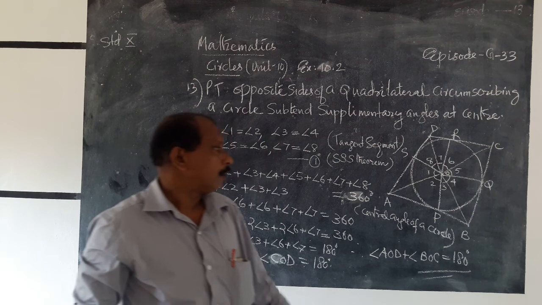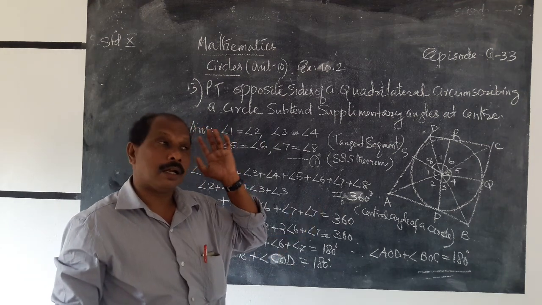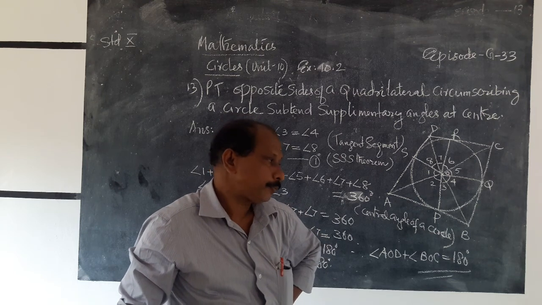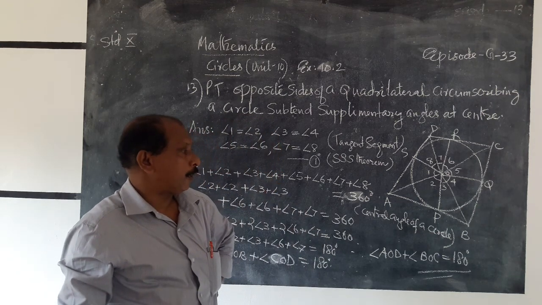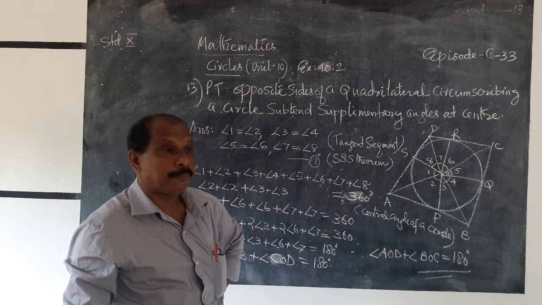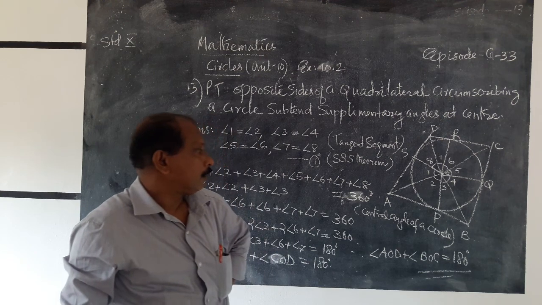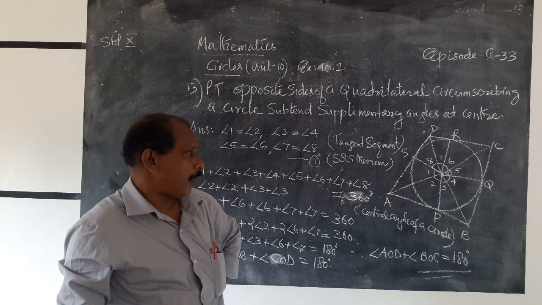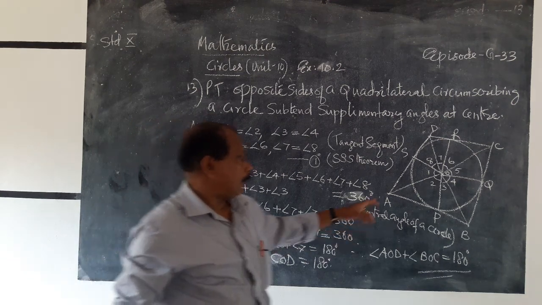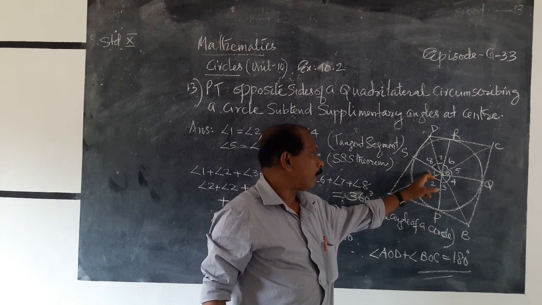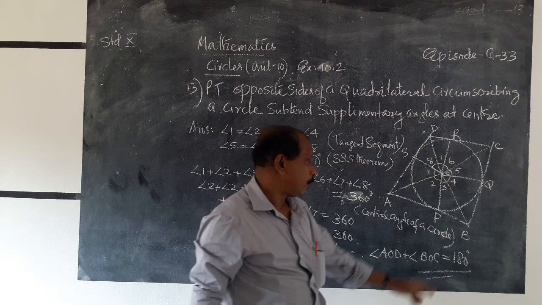ABCD is a quadrilateral that is circumscribing a circle with the center O. Then P, Q, R and S are the points on the sides where the tangents touch the circle. Therefore, there are 8 angles. We know that AP is equal to AS. Therefore angle 1 is equal to angle 2.